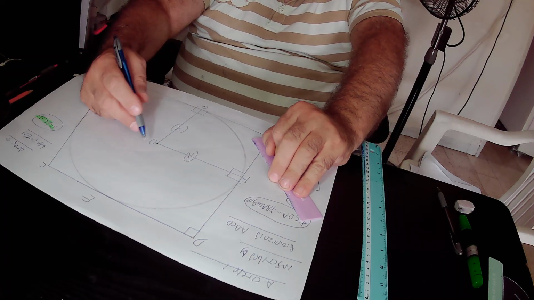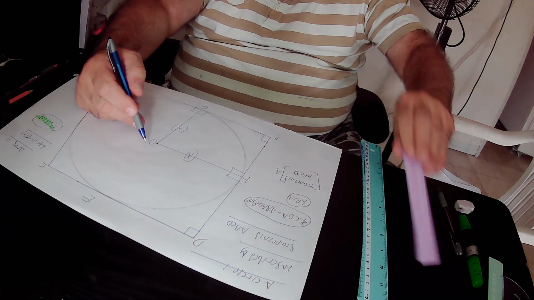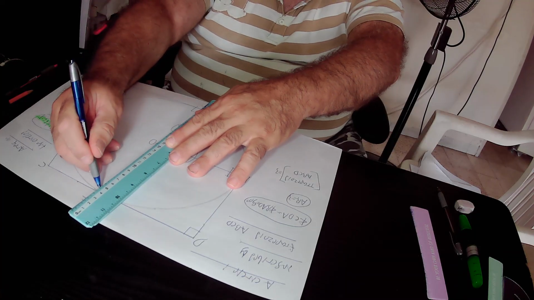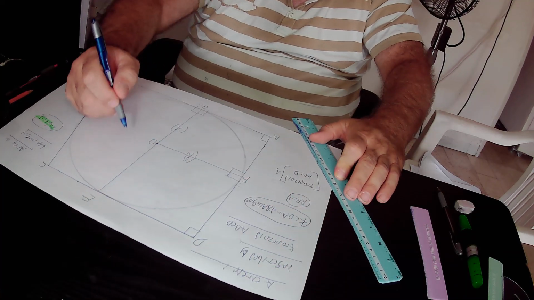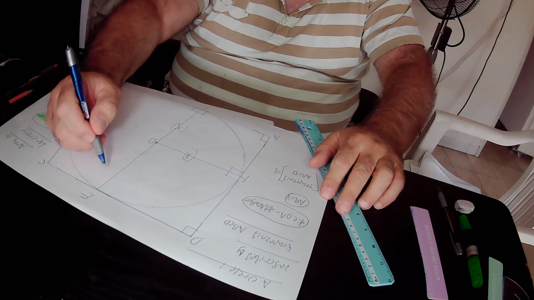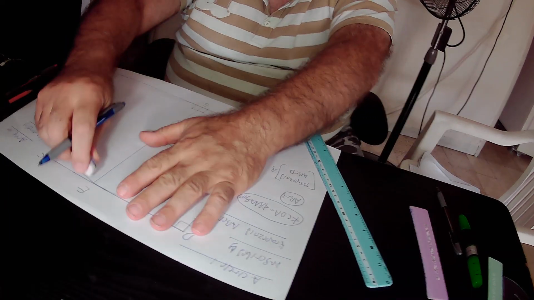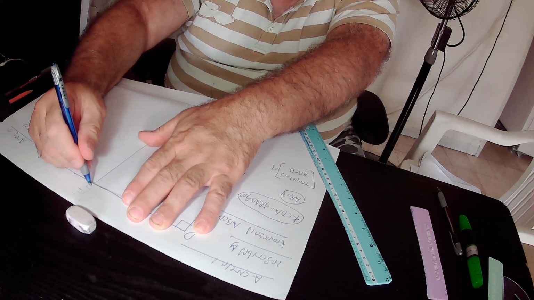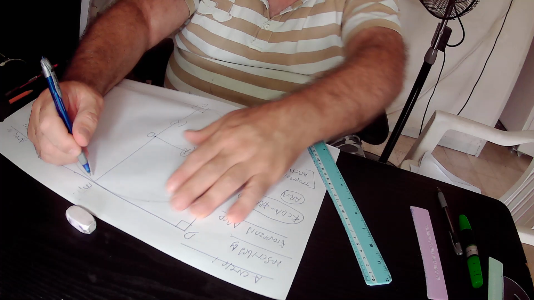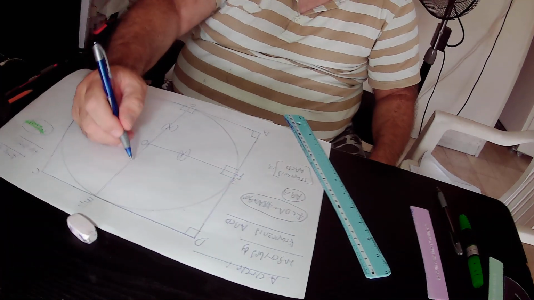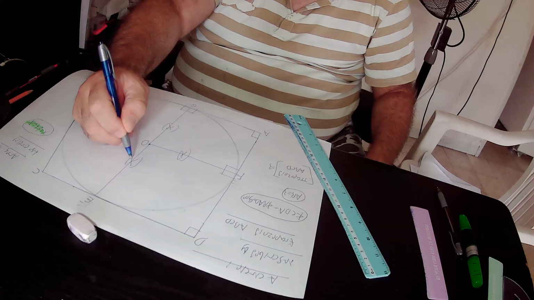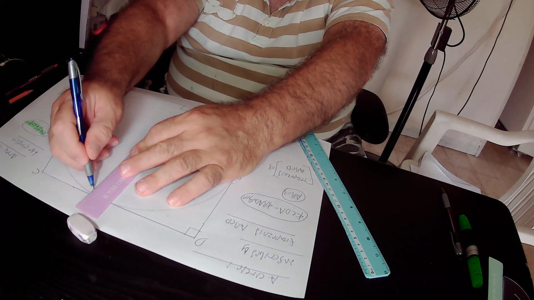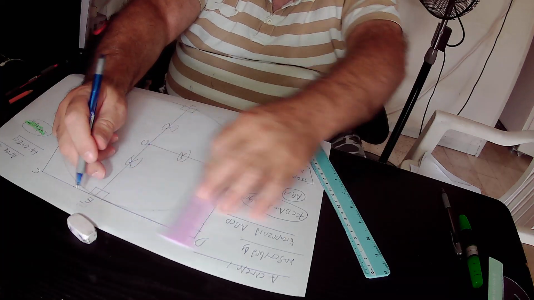Likewise, we join points O and E together by a straight line. OE is of course the radius of this circle, it equals X, and according to rule 1, this angle equals 90 degrees, and this angle also equals 90 degrees.